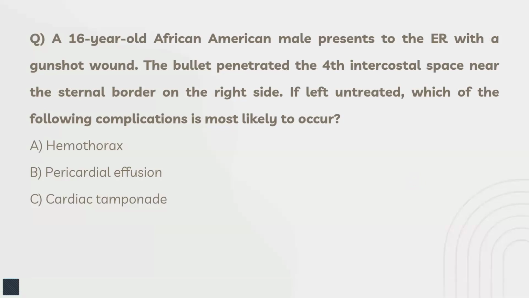Next question. A 16-year-old African-American male presents to the ER with a gunshot wound. The bullet penetrated the fourth intercostal space near the sternal border on the right side. If left untreated, which of the following complications is most likely to occur?